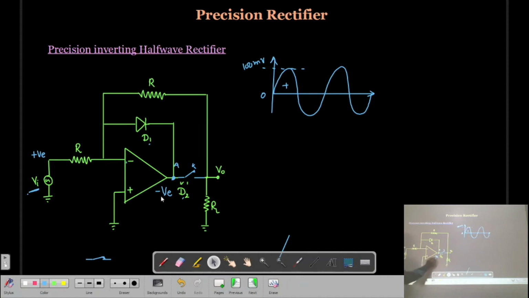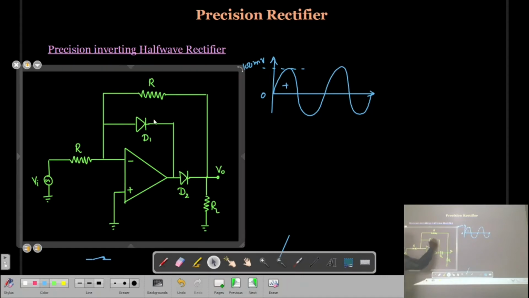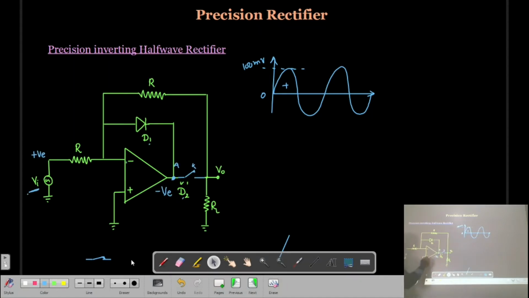But this negative voltage is given to the cathode of this diode, and here on the anode the positive voltage is already present. So this diode is in forward bias. This diode is in reverse bias.